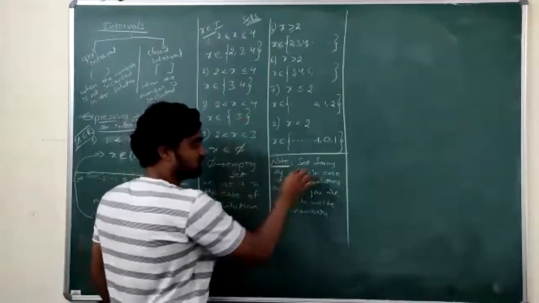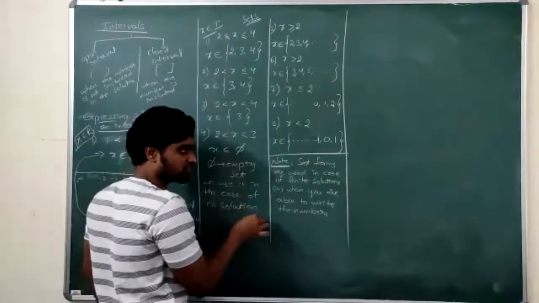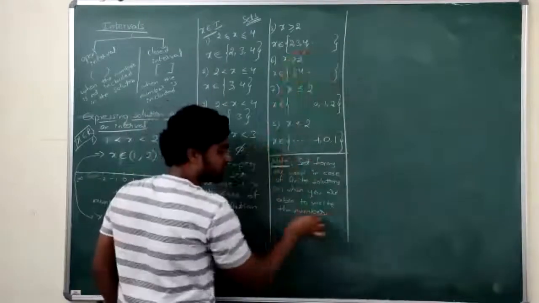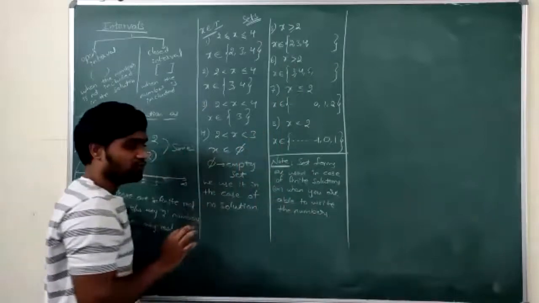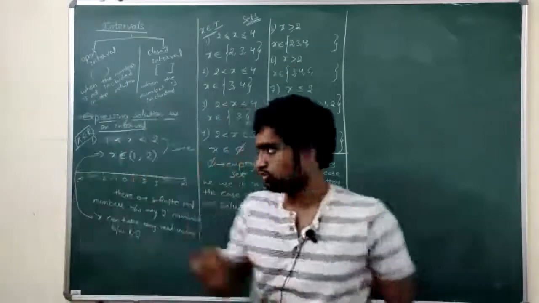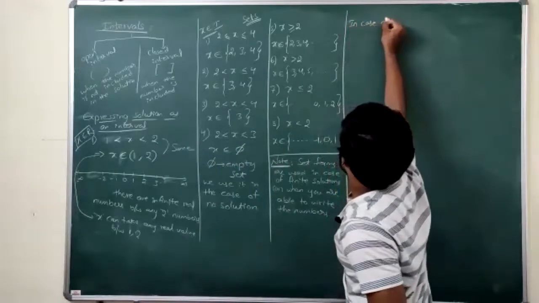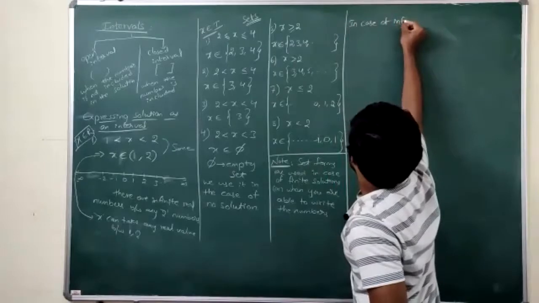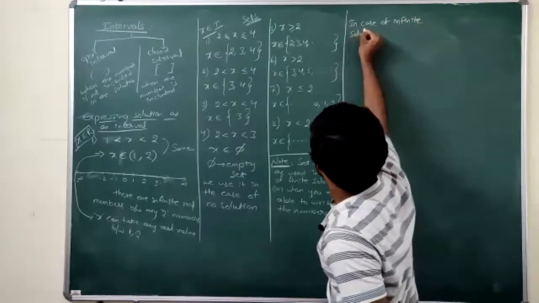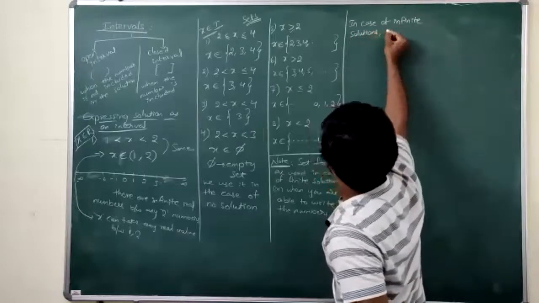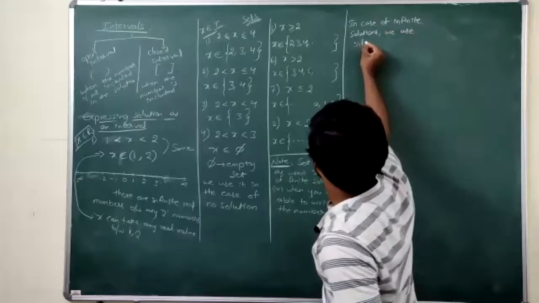So that's why I said set forms are used in case of finite solutions, or when you're able to write all the numbers. Now, when there are infinite solutions, what do you do? In case of infinite solutions, we use intervals.